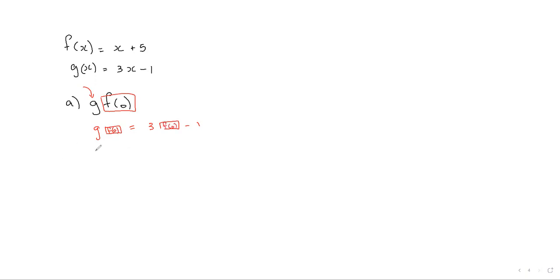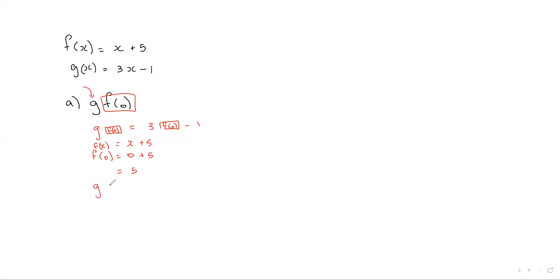Now, we need to figure out what is f of 0. Remember, f of x was x plus 5. So everywhere I have x, I'm going to replace it with a 0. So f of 0 will be 5.